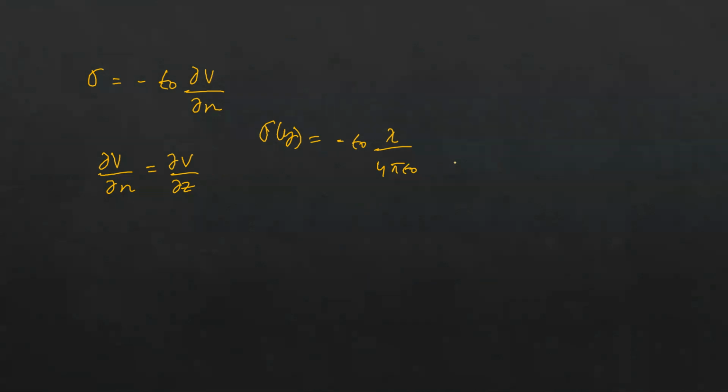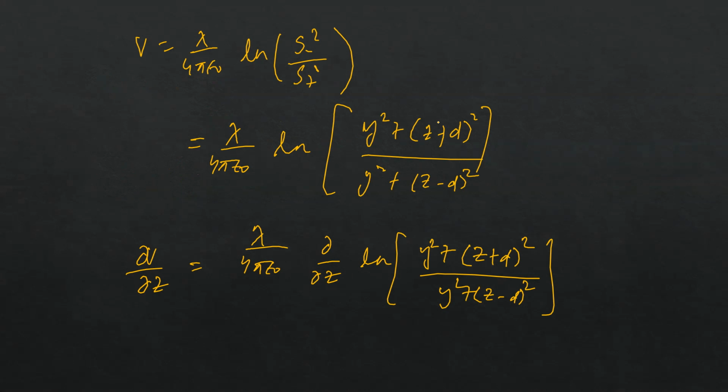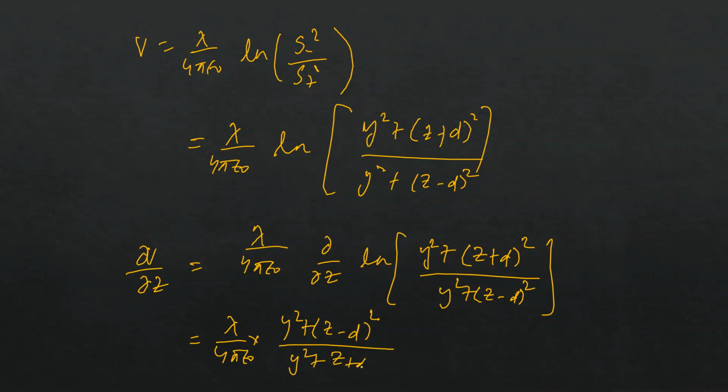Epsilon naught lambda by 4 pi epsilon naught. So if you take the derivative, you will get it. So lambda by 4 pi epsilon naught into y square plus z plus d whole square divided by y square plus z minus d whole square, and then the derivative of this one, and this minus this.